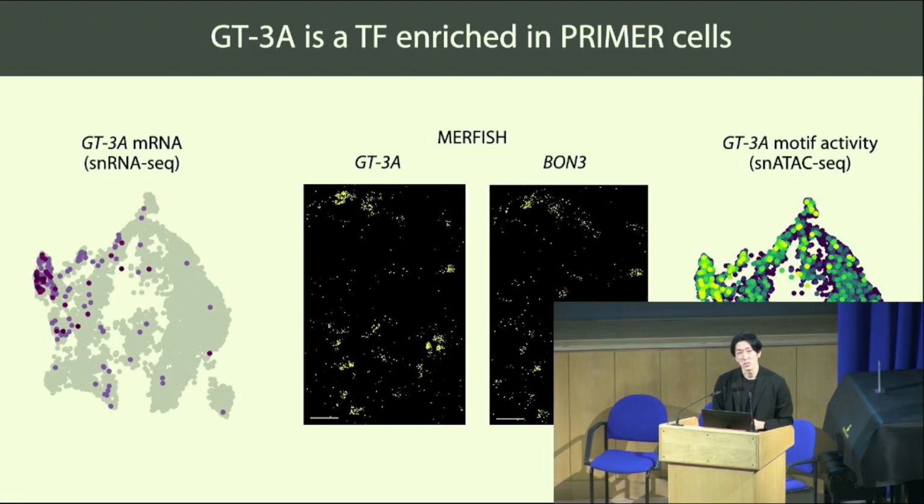And we do have additional data to support that GT3A actually contributes to the immune system. So the message here is that there's an advantage in having both single-cell multi-omic data and spatial transcriptome data, because this allows us to identify novel and potentially very rare cell populations, and you can go on and understand the potential regulatory mechanisms.